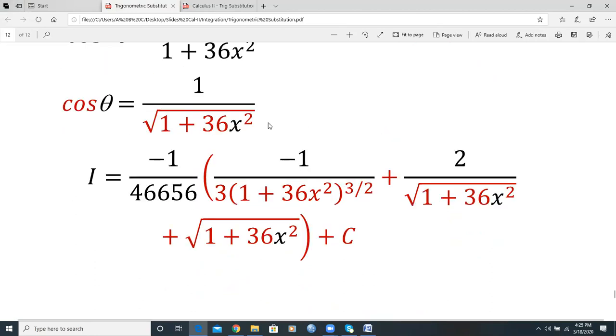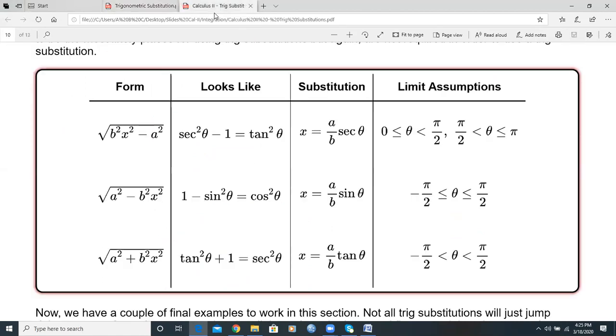So we have learned trigonometric substitution. We use three types of substitutions for different integrands. Let us summarize the result. When the integral involves a function of the type square root of b square x square minus a square, we make the substitution x is equal to a over b sec theta.